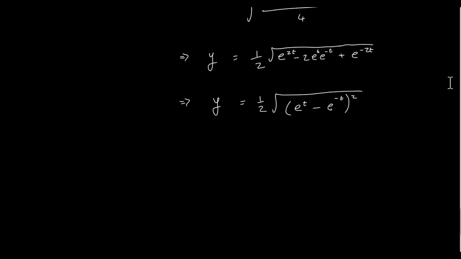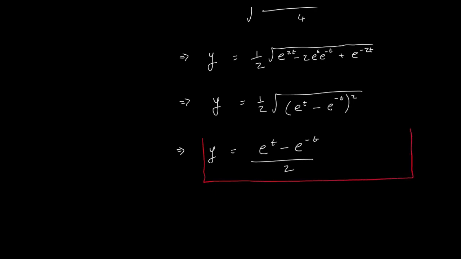So we have the square here of a square root. So finally we end up with y is equal to e to the power of t minus e to the power minus t, half of that, which is over 2. This is our final answer here for y, and this is sine of t.